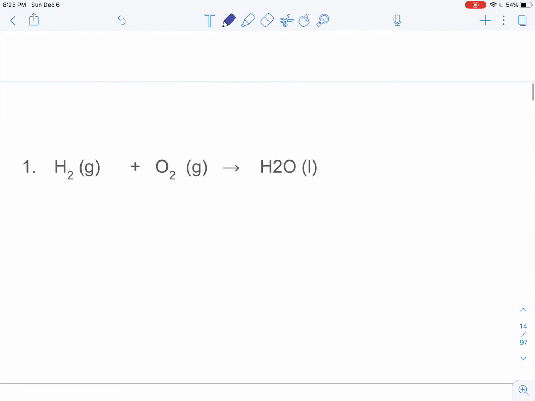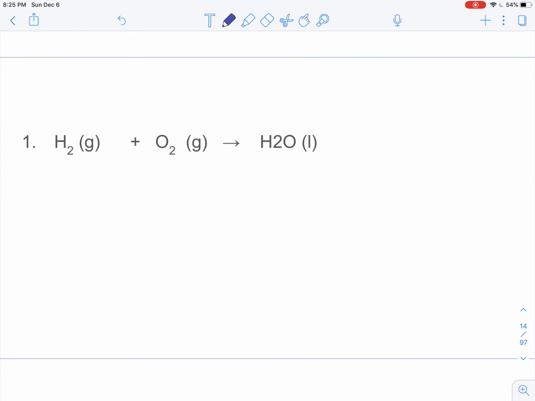So let's do a couple more. H2(g) plus O2(g) yields H2O(l). So H2 is just hydrogen, and g is gas, so hydrogen gas. And this is one of those instances where it sounds better to put the state of matter second, so just use what you think is best. So here I think hydrogen gas sounds better than gas hydrogen.